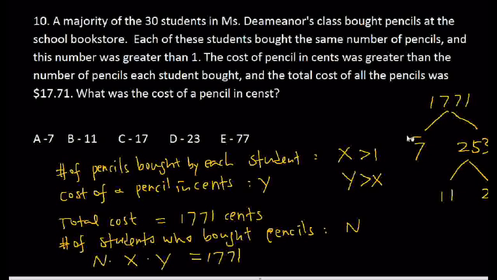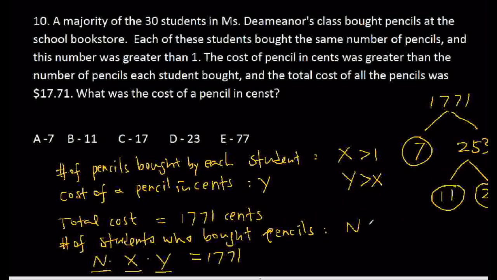So we found three prime factors of 1771. And now on the left side of the equation, we see three numbers multiplied together, right? So we need to find a mapping from these three numbers to n, x, y.